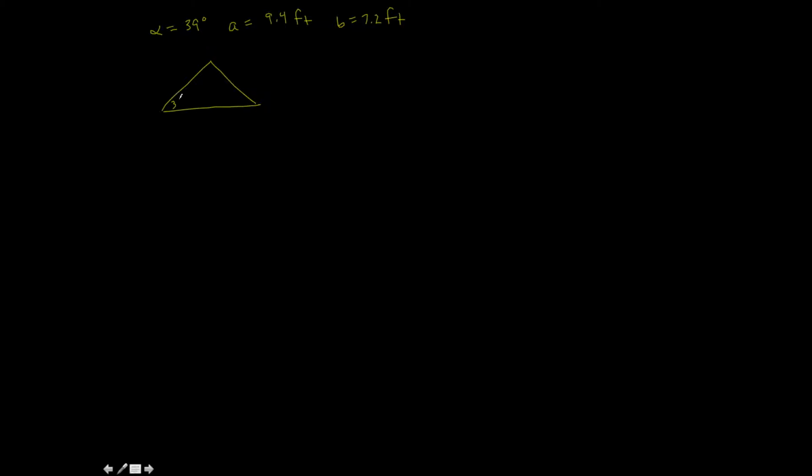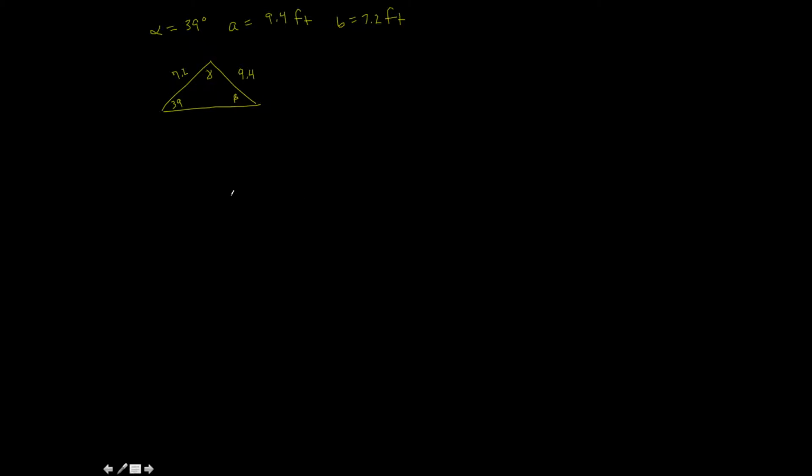So alpha is 39, this is beta, this is lambda, excuse me, not lambda, but gamma. This would be A, this would be B, which would be 7.2. And we don't know beta.